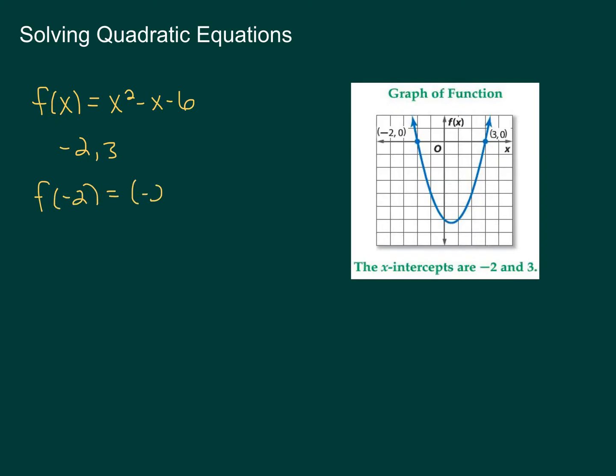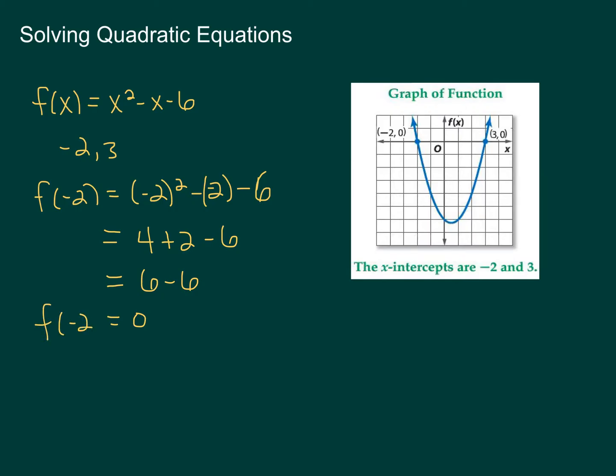And if I don't, then they're not the right x-intercepts. So let's just plug it in here to see if it actually works. So we have -2 squared, which is +4, and then minus a negative is +2. Minus 6, 4 plus 2 is 6, and 6 minus 6 is 0. So that works for that one, as we expected.